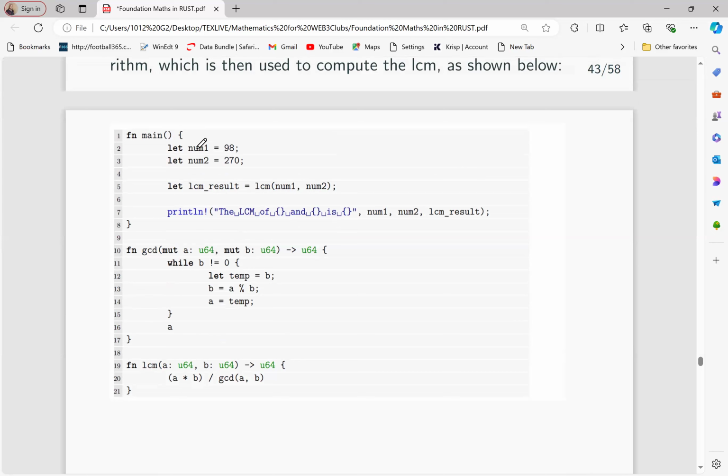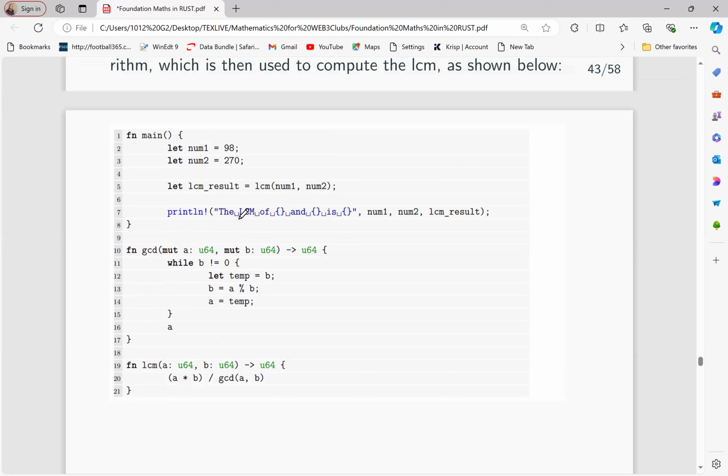So you can see again, in the first bit, we're just giving the first number and then the second number. Then we are saying, let the LCM result. It's calling this function to give us the LCM of the 2 numbers, number 1 and number 2.